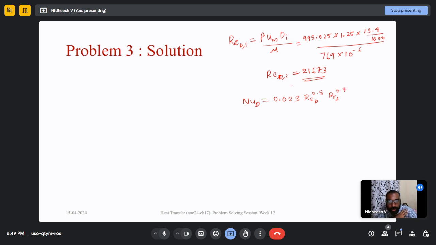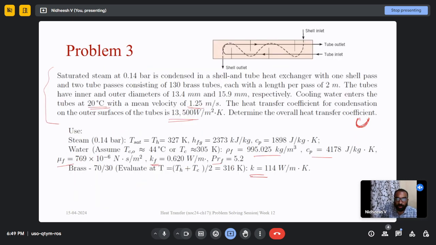This is the expression that we have to use for turbulent flow through a tube in which the fluid is getting heated up or cooled down. It's cooling water, so it will get heated up.